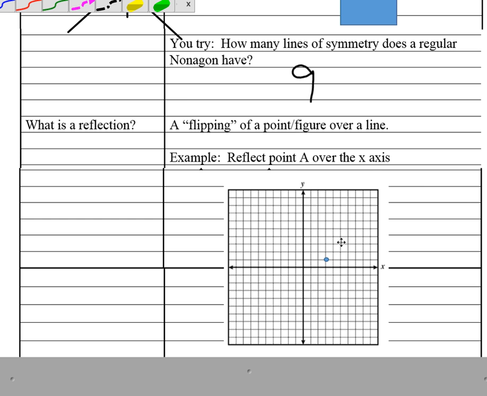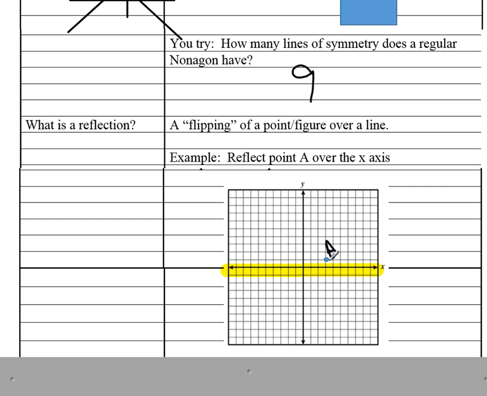Okay, and we are going to reflect or flip point A over the x-axis. So I will highlight the x-axis for you. That's this line right here. And as you can see, point A, let's actually label it point A, is 1 above the x-axis.